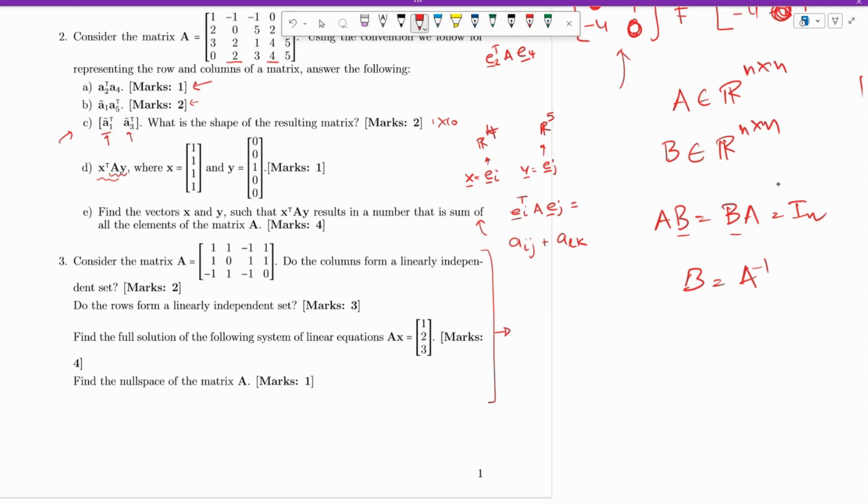So the first question is, are the columns linearly independent? How do you find out if the columns are linearly independent? Right. You cannot express any one of the columns as a linear combination of the other columns. But how do you verify? That's the definition.